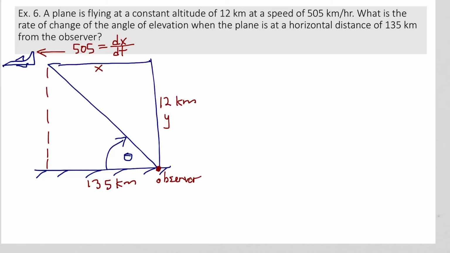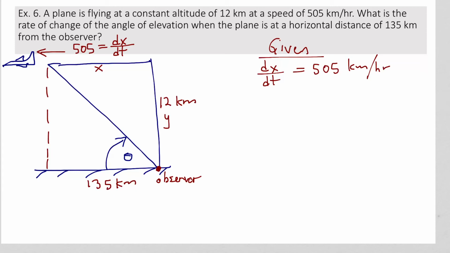All right, so let's just write down our givens first. Our givens are dx/dt, that's the speed of the plane, 505 kilometers per hour, and that also signifies the rate of change of the x in my diagram with respect to time.